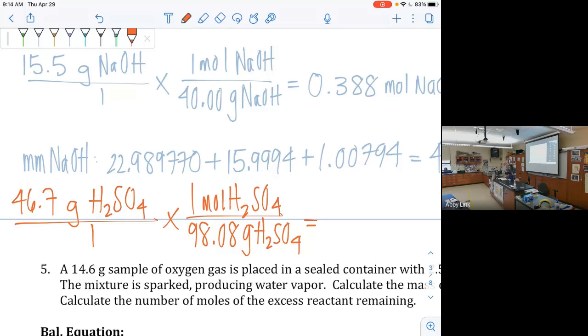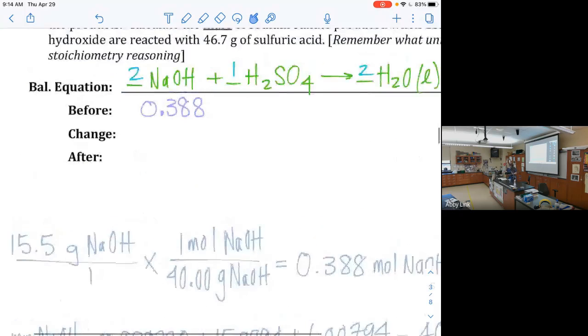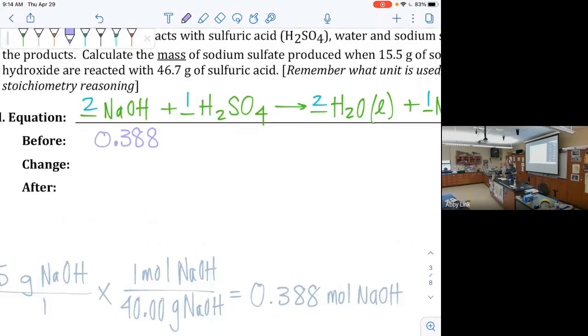And so this comes out to be 3 sig figs again, 0.476 moles of H2SO4. Okay, we can put that up here.